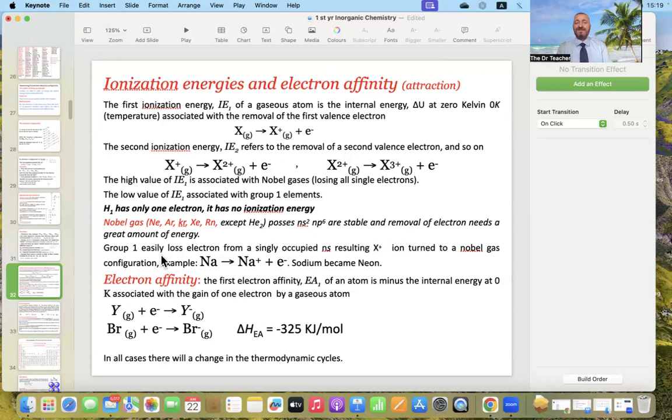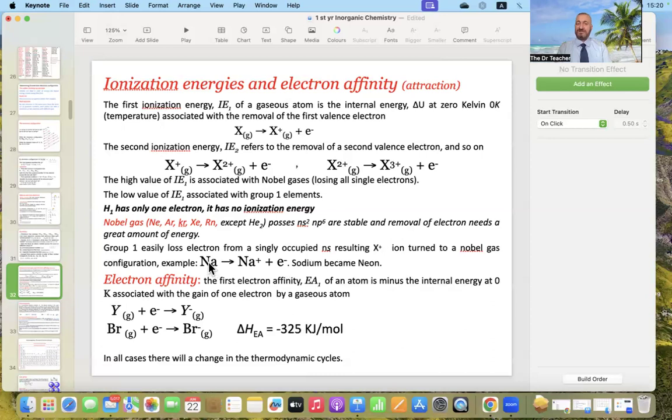Group 1 elements easily lose an electron from a singly occupied orbital, resulting in an X+ ion with a noble gas configuration. For example, sodium has 11 electrons; losing 1 electron, it will have 10.